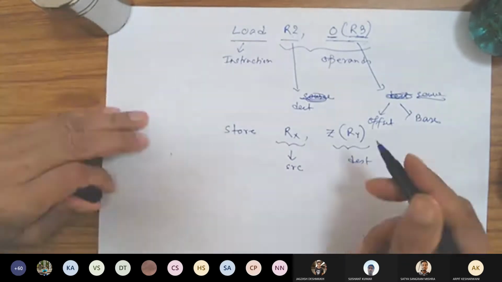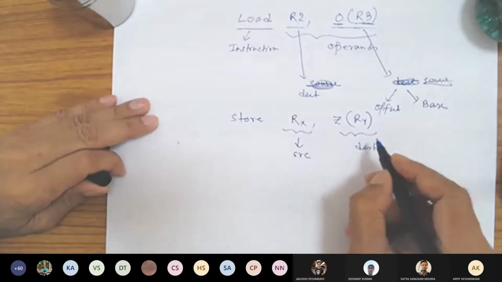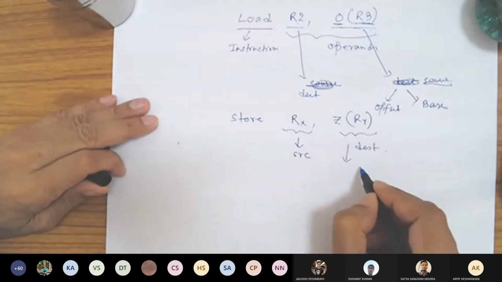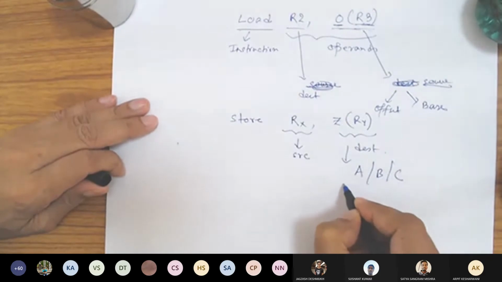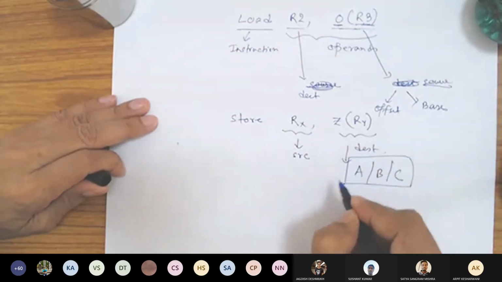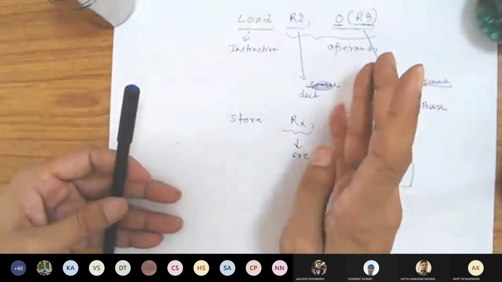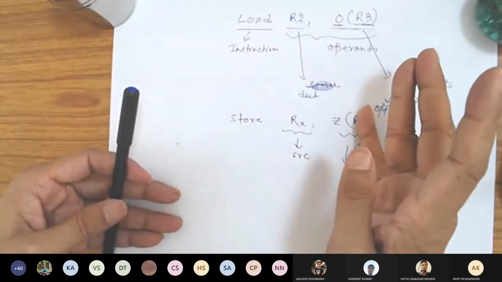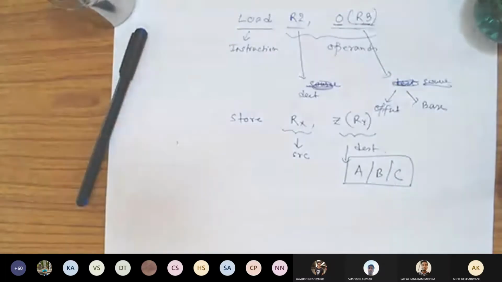So in books, you may find this entire portion called A, B, C. Actually, these are addresses. Now, how are these addresses actually calculated? We have an offset and a register value, which is the base register.